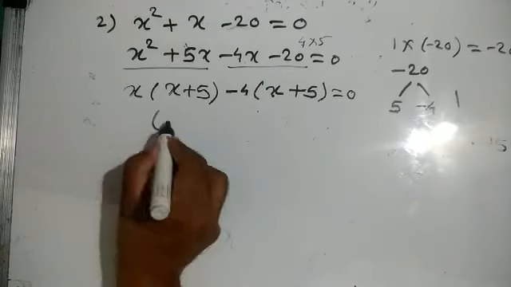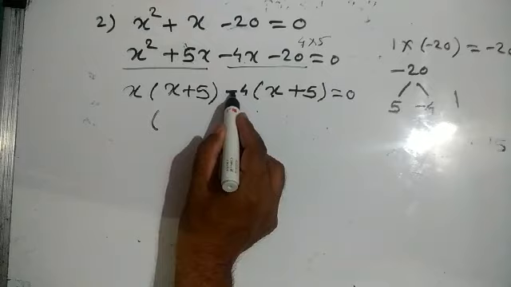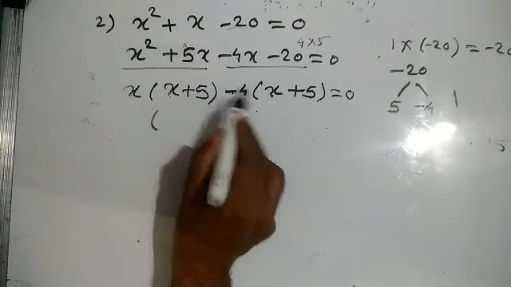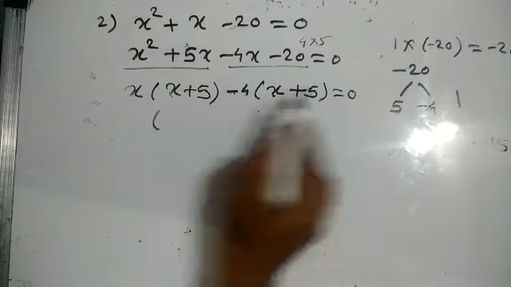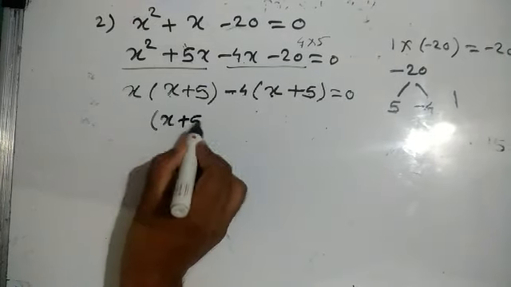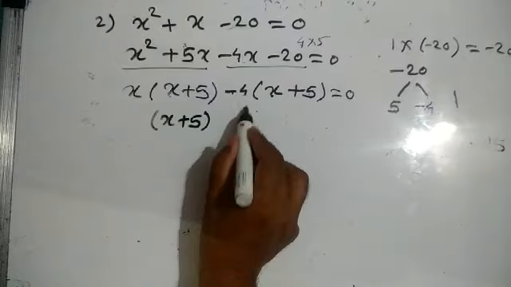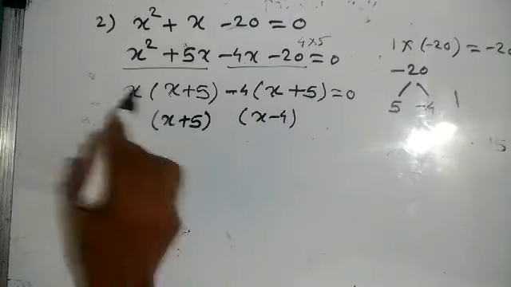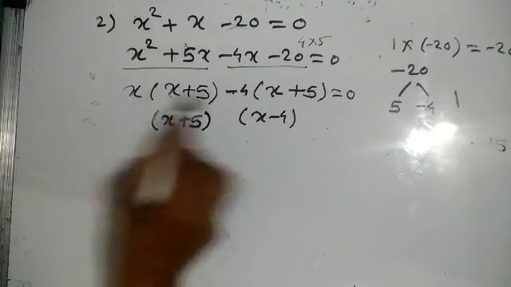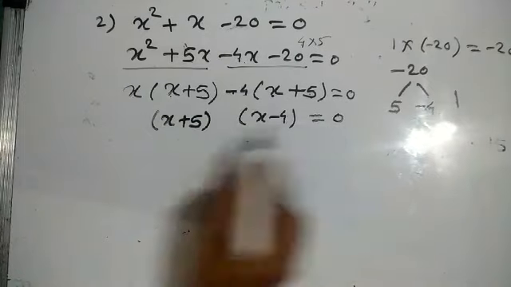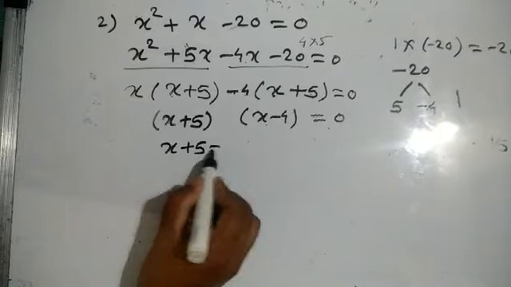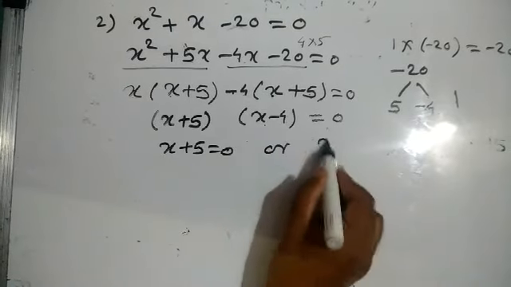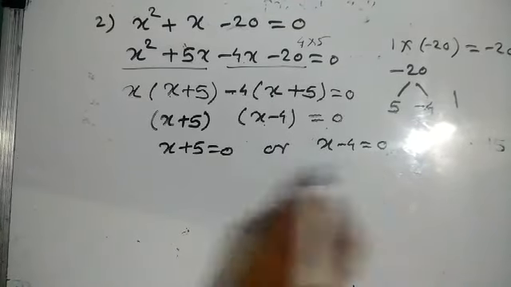Then again at the middle there is a minus sign. At the left hand side x plus 5 in one bracket, at the right hand side x plus 5. Therefore take x plus 5 as a common in one bracket, and x minus 4, the remaining elements, is equal to 0. Take this to the right hand side: x plus 5 is equal to 0 or x minus 4 is equal to 0.